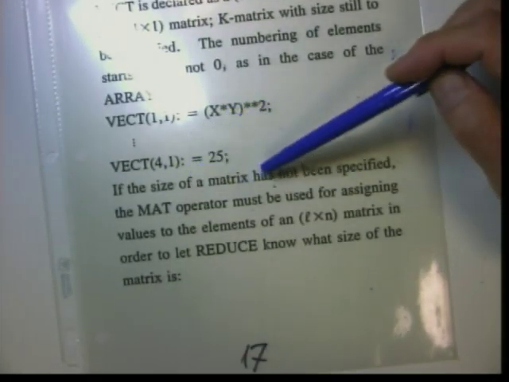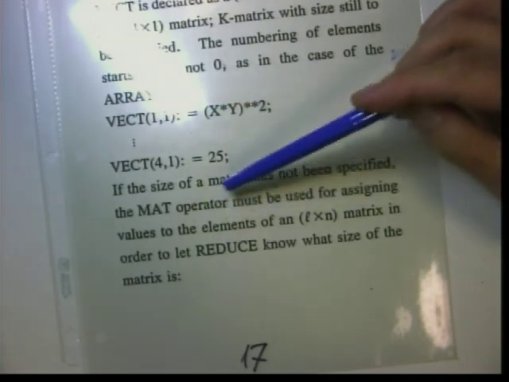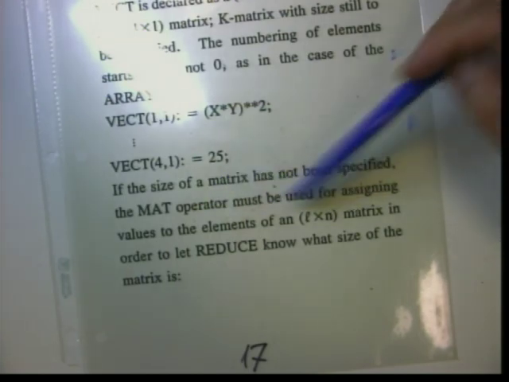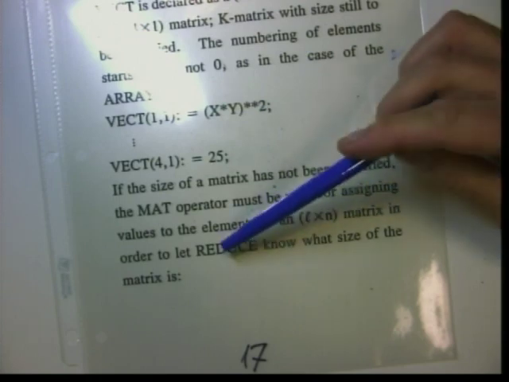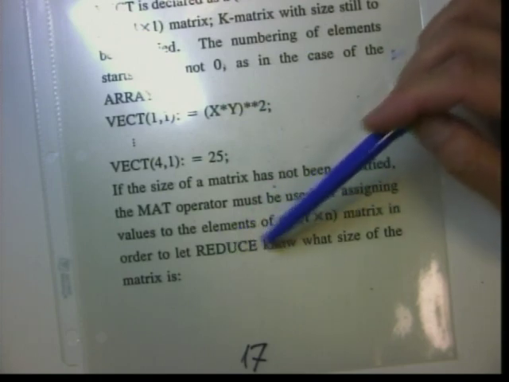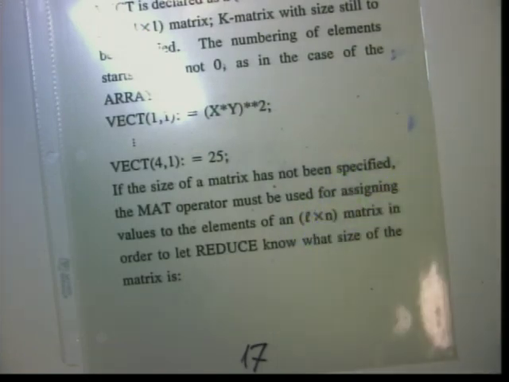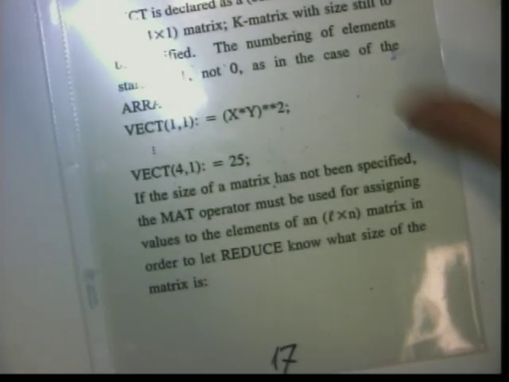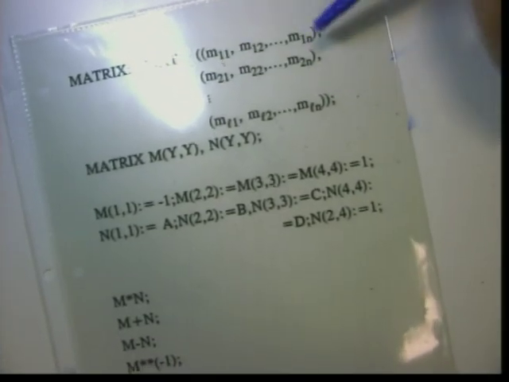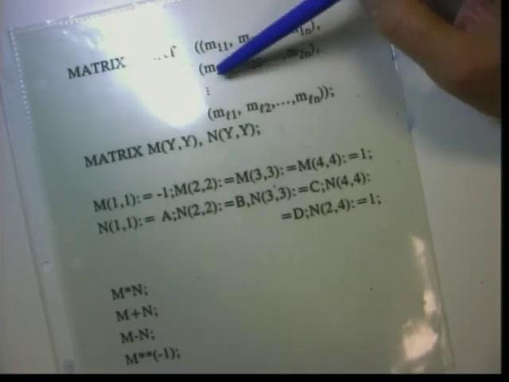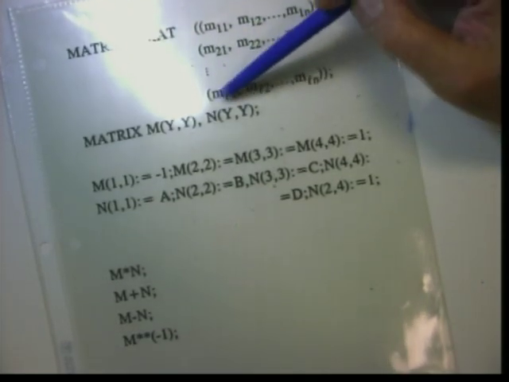If the size of the matrix has not been specified, the mat operator must be used for assigning values to the elements of an L times n matrix, in order to let the program know what size the matrix is. So then it will define the matrix, like mat M11, M12, M1n, the first row, M21, M22, M2n, ML1, and so on up to MLn.